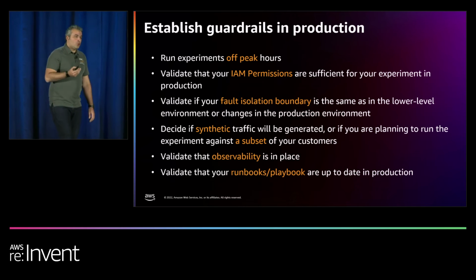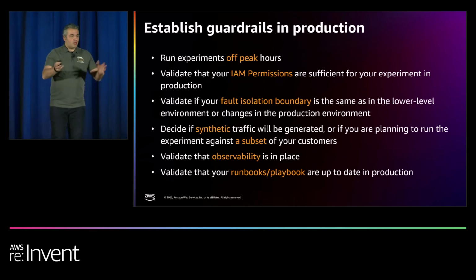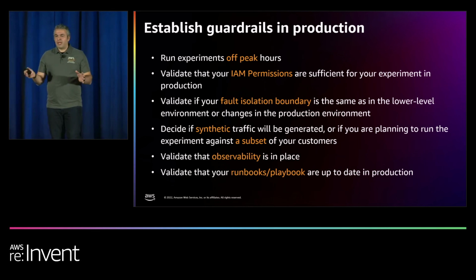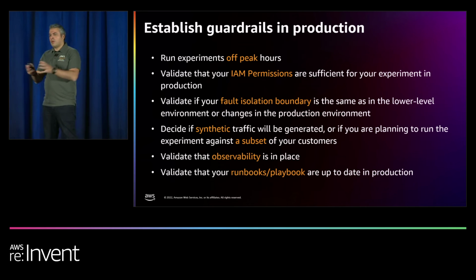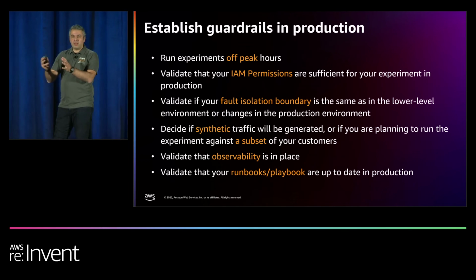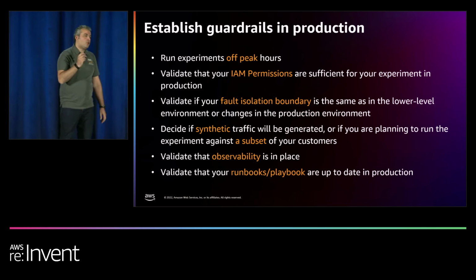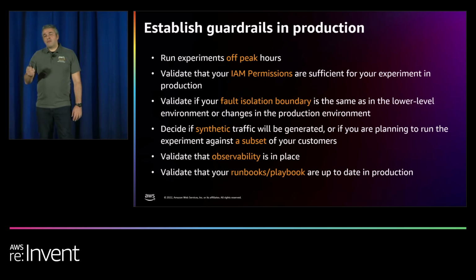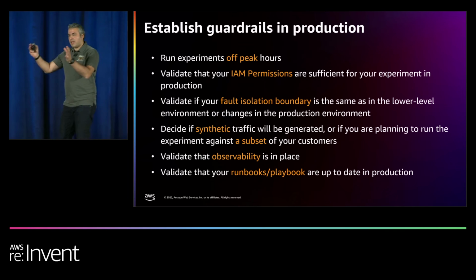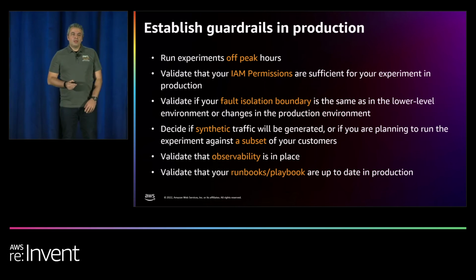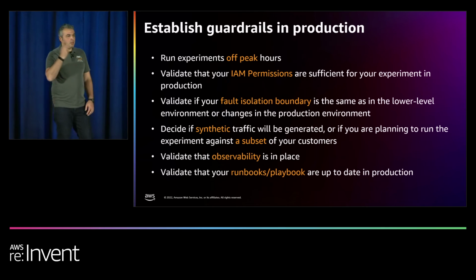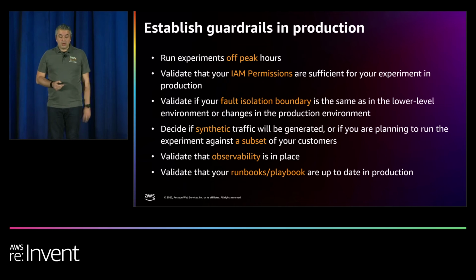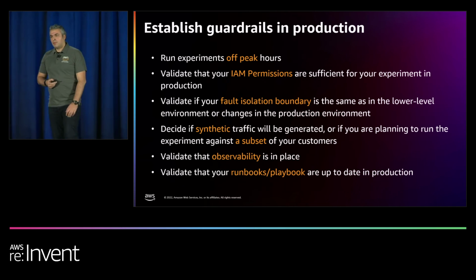And also make sure, because in many ways, when you're running those experiments in lower level environments, your permissions might be much more permissive than you have them in a production environment. You've got to make sure that you have the permissions to execute the various experiments, and that you have the observability in place to be able to see what's going on with that environment as well.